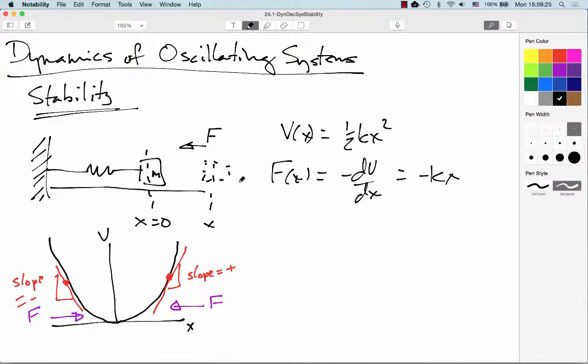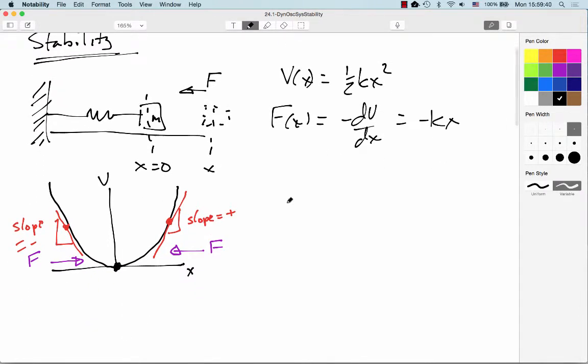So in the neighborhood of the equilibrium position, if I displace off a small bit one way or the other, the restoring force will seek to return us back to the equilibrium position. And so this is a hallmark of a stable equilibrium.